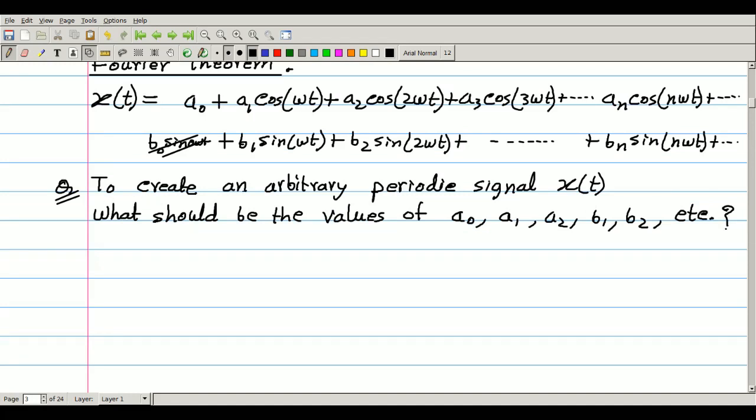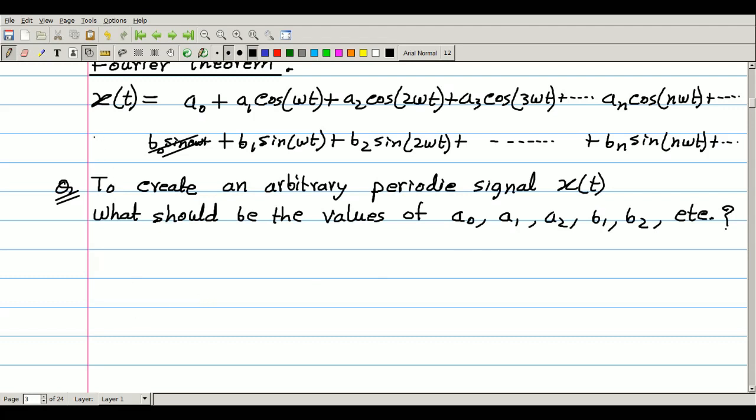So to create a given arbitrary periodic signal x(t), what should be the values of a0, a1, a2, b1, b2, etc. Now to find these answers, there is a very simple trick.